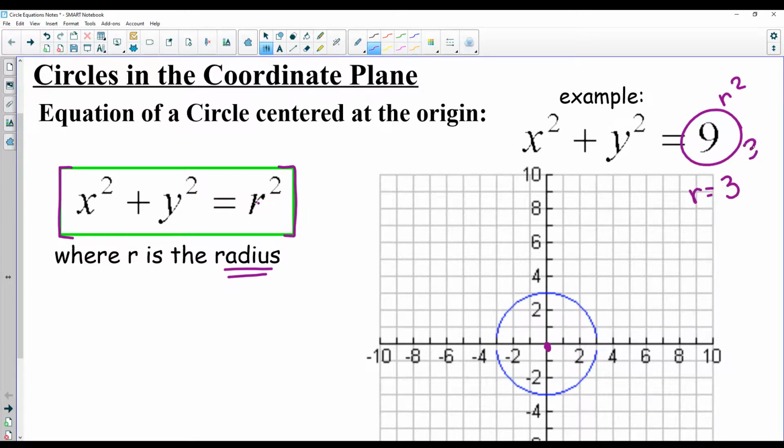Because 3 squared is 9. Okay, so the radius is 3. So if we look here, this would be 0, 0, and the radius is 3 in all directions. Okay, even diagonally, 3 all the way around the circle. Okay, so if there's no number in there with x and y, there's no shifting.